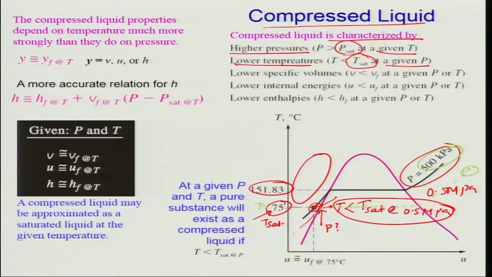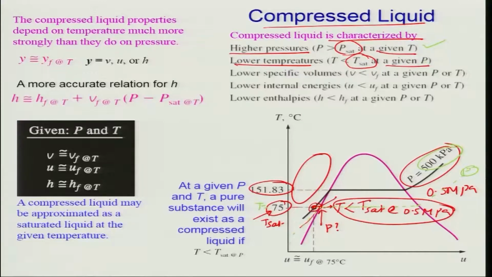So the pressure here is greater than the P sat, because this will be the P sat for this particular point which we are talking about. So this will be the condition for compressed liquid: the pressure of the system in the compressed liquid should be greater than P sat at any given temperature, and the temperature should be less than the T sat at any given pressure.